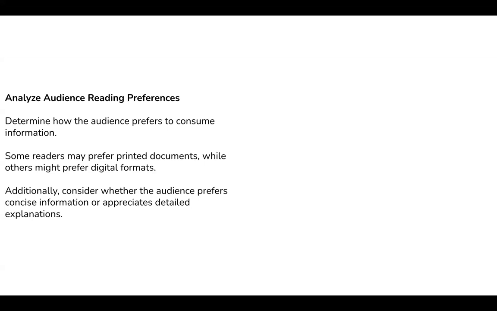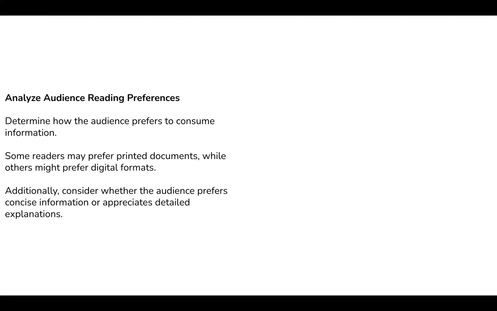So printed documents are very, very good in this case because some of the audience don't have smartphones, or they might not have access to a digital format of it, right? So after determining the way your audience prefers to consume information, you decide, okay, let's print this document or put it on our website, right?